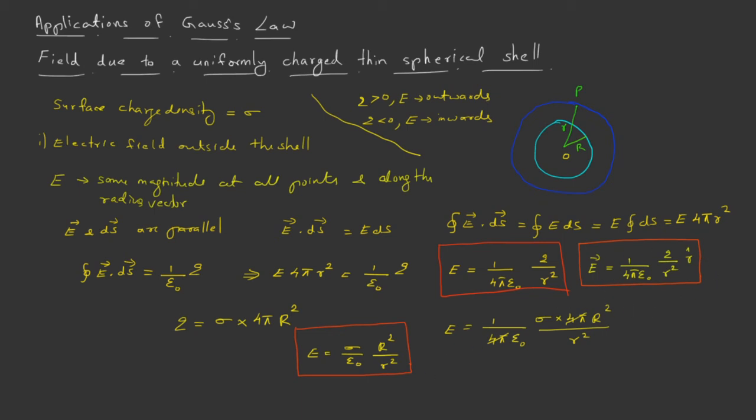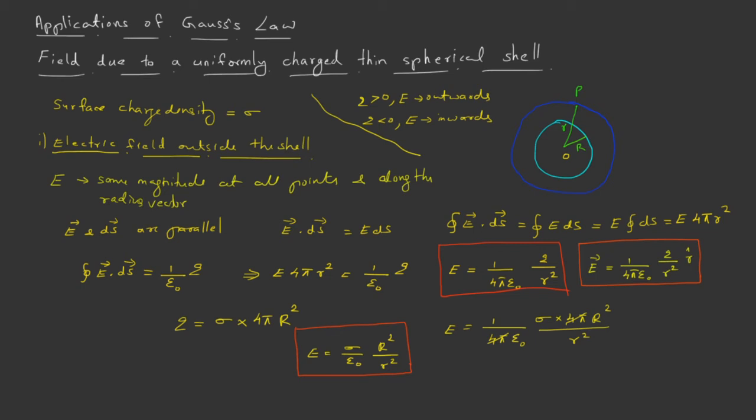That means it will be the same case as if the entire charge is concentrated at the center O. So we can say for points outside the shell, the field due to a uniformly charged shell is as if the entire charge of the shell is concentrated at its center. So we studied the equation for electric field outside the shell.